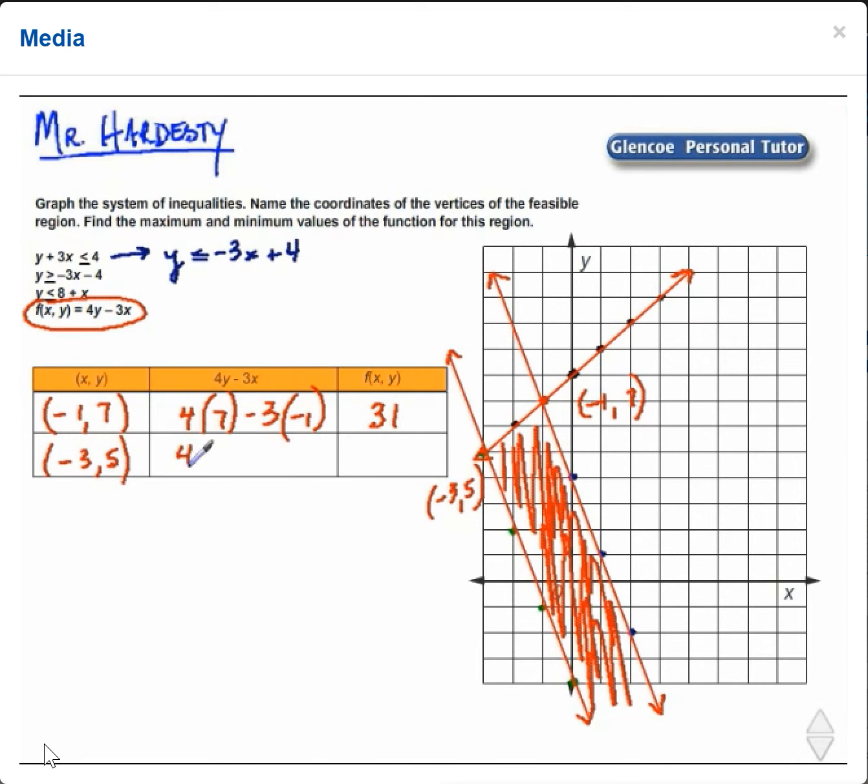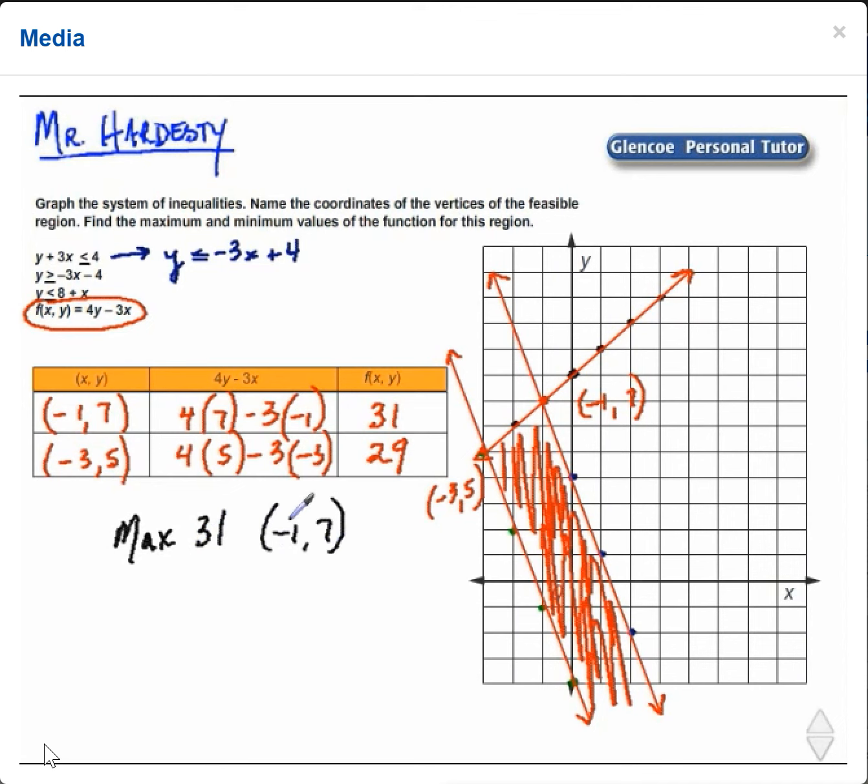We'll do the same for negative 3, 5. 4 times 5 minus 3 times negative 3. 20 plus 9, which is 29. 31 is bigger than 29, meaning our maximum is 31, and it occurs at the point negative 1, 7.